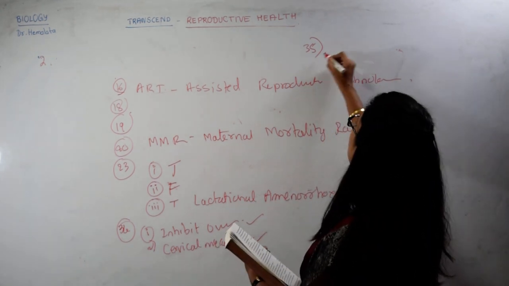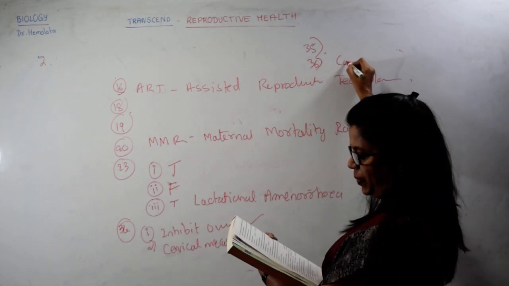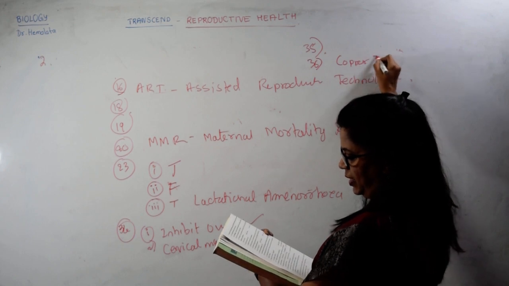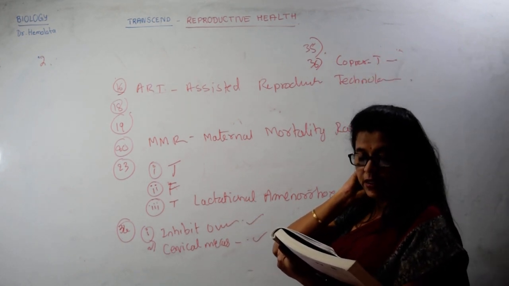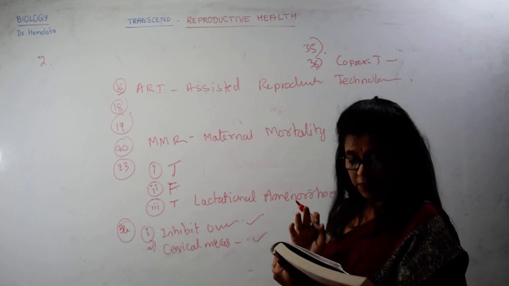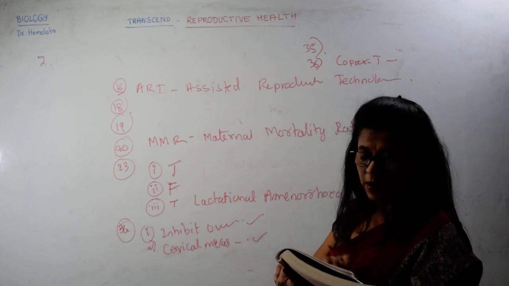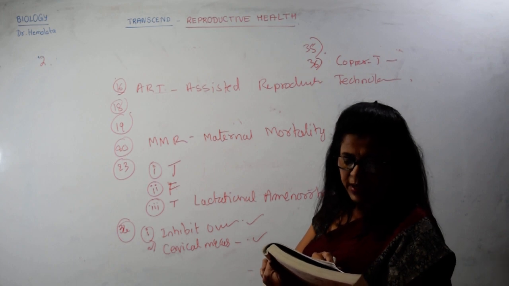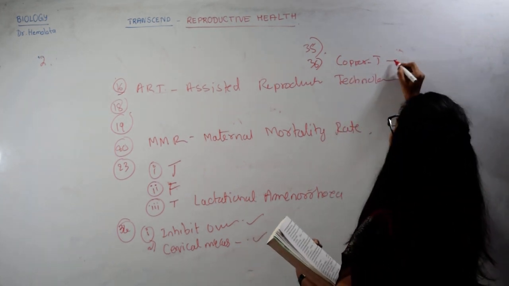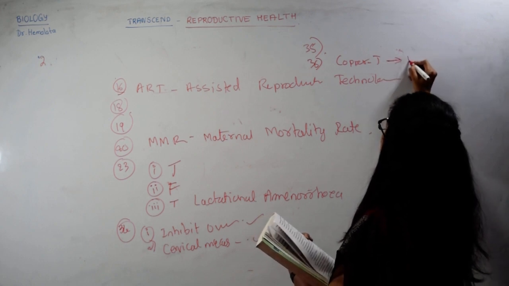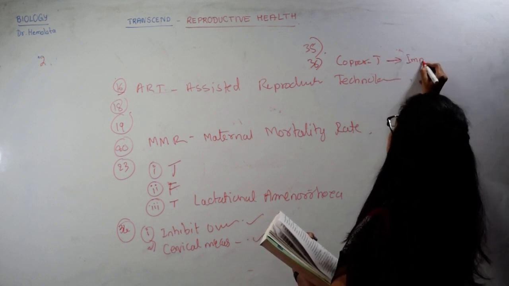36th question. What is it saying? What is copper T doing? Copper T is inhibiting ovulation. It will not do. It inhibits fertilization. No, it will not be connected with the fertilization, but it inhibits the implantation of the blastocyst. That is right. Copper T inhibits the implantation.